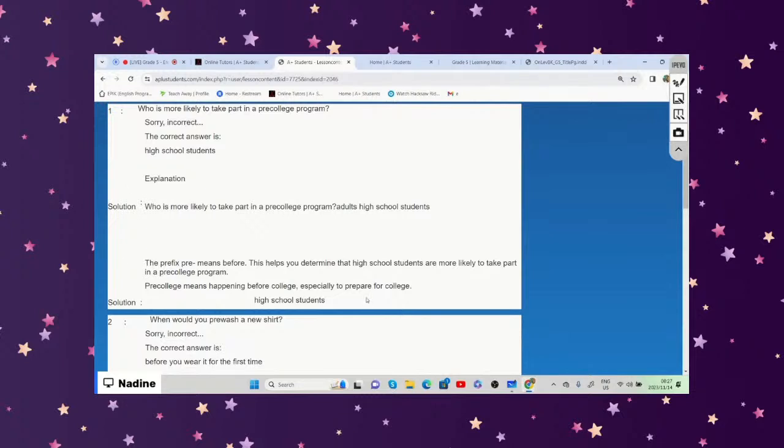So here it says that he needs to take part in the pre-college program. That means pre-college means that it happens before college. And in certain schools, they first want you to do volunteer hours or something, right?